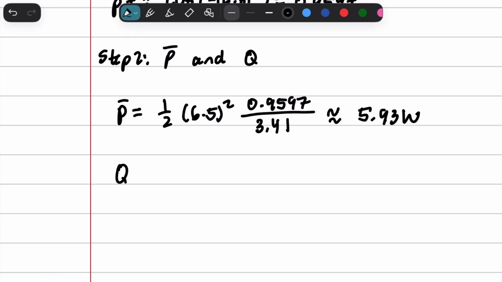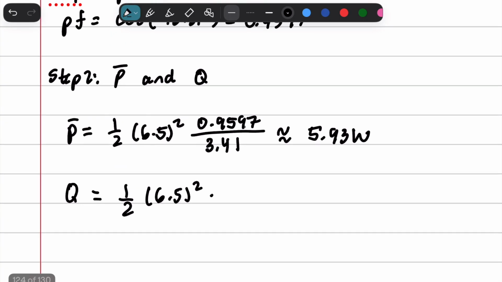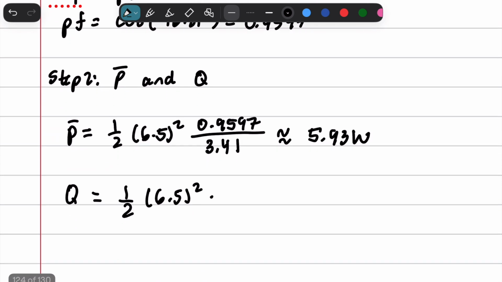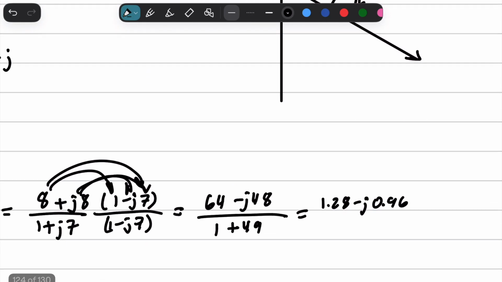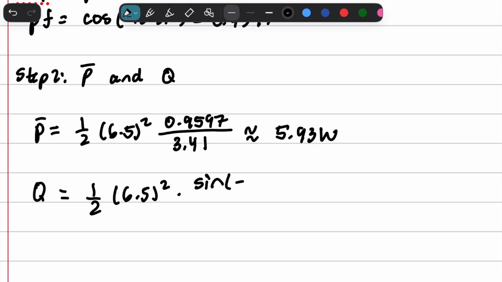For the reactance, the exact same method. We're just going to have 1/2 times 6.5 squared times sine of phi, and we actually don't know what sine of phi is, so we're going to have to directly plug in negative 16.31 degrees.